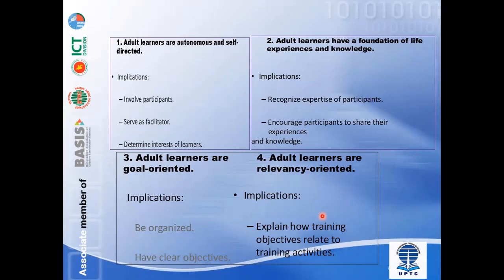And then for the next term, adult learners are relevancy oriented, which was initially mentioned. So the implication is to explain how training objectives relate to the training activities.